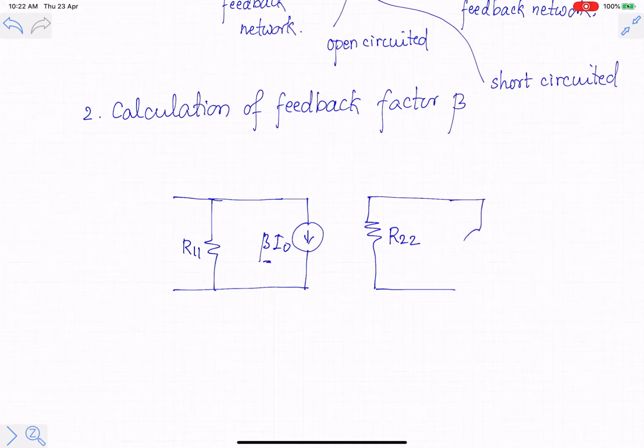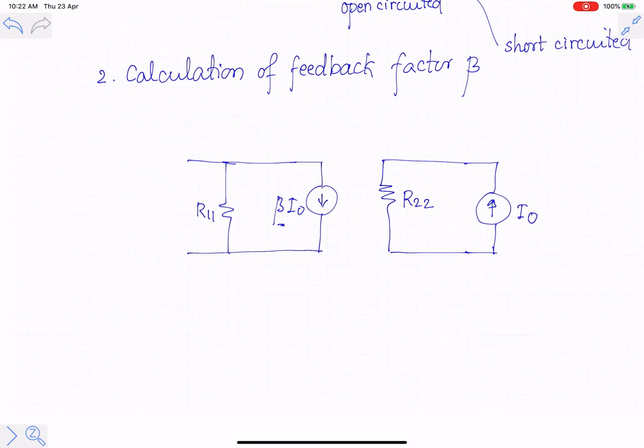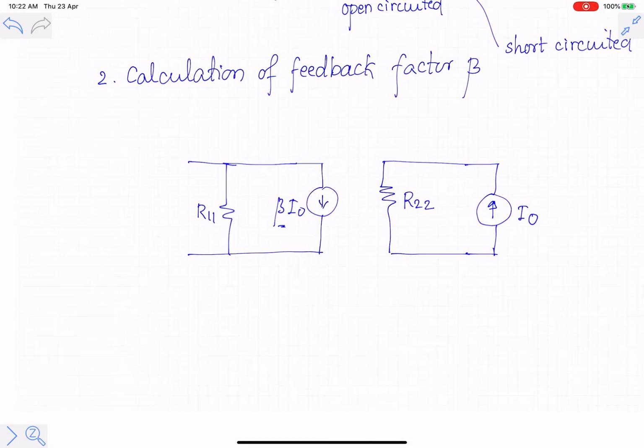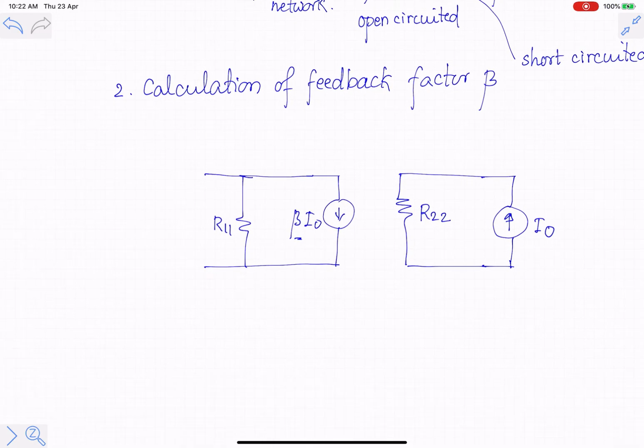So the known current source I0 is connected on the input side of the feedback network, and we have to find out the value of beta. In order to nullify the effect of R11, the output terminal should be short circuited. Whenever it is short circuited, the current flowing through this will be equal to IF, but the output terminals are short circuited, so VF is equal to 0.